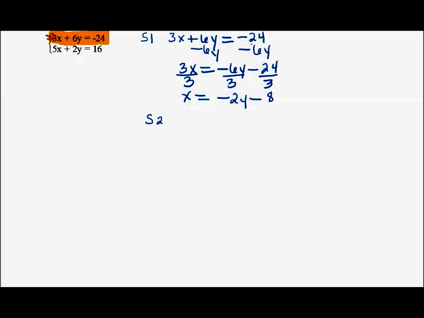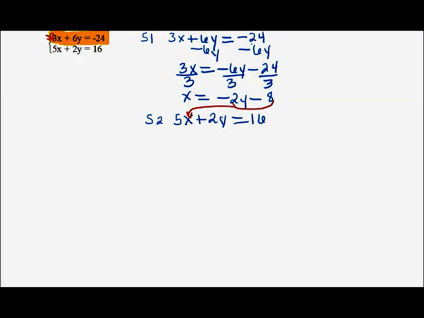So step 2 says to take the other equation. So now I'm ready to use this 5x plus 2y equals 16. Now in step 1 I said x is equal to this negative 2y minus 8. So I'm going to take this negative 2y minus 8 and substitute it in, making that substitution where the x is.